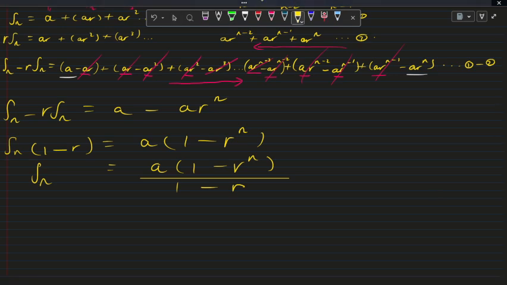Okay, so if I switch them around and I said equation 2 minus equation 1, then my equation at the end would look something like this. So it will be r to the power of n minus 1 over r minus 1.